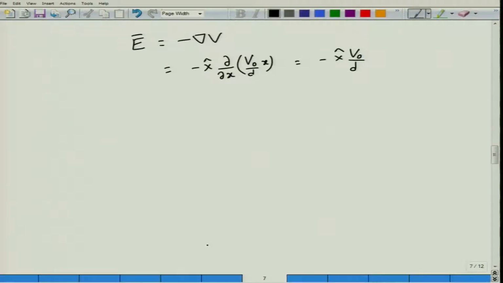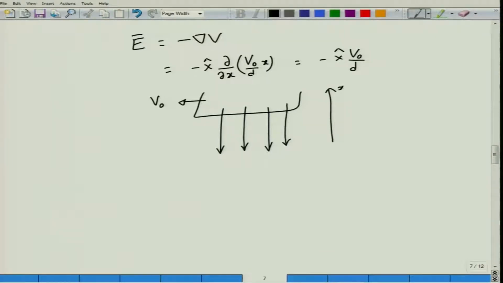Turns out that the electric field is actually negatively directed, which means that it is directed from the top plate. That makes sense because the top plate is the one that was kept at a higher potential V0, and from the top plate the electric field happens to have a constant value, okay. So this minus sign is telling you that the assumed x direction was from bottom to top. So this was my x axis, right, and this was my y axis.